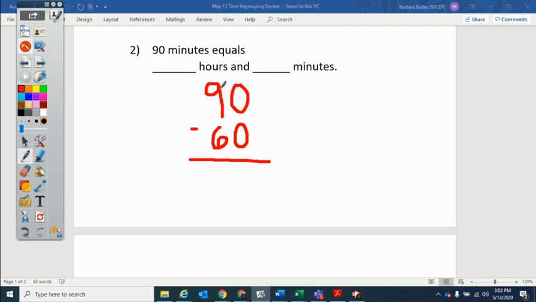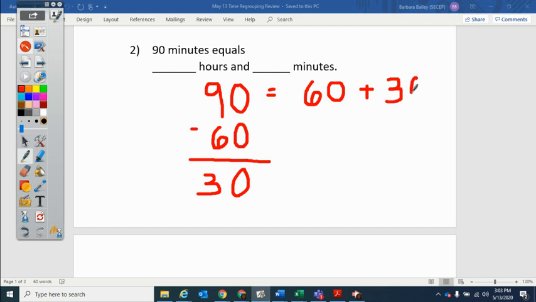Okay, 90 minus 60, so 0 minus 0 is 0. 9 minus 6 is 3. So I can say 90 is equal to 30 plus 60. 60 plus 30 is equal to 90.